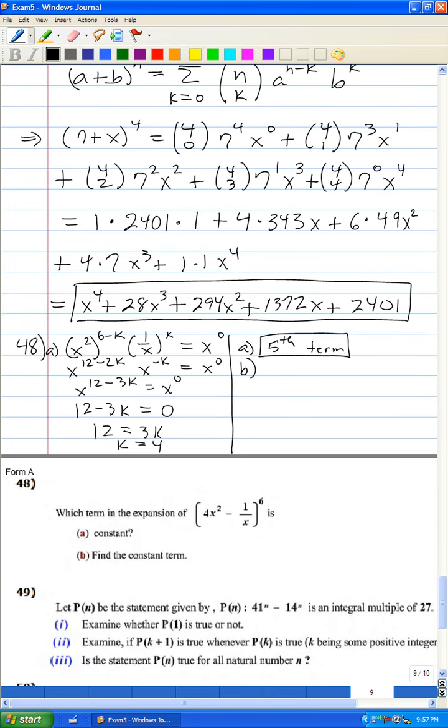So let's do that. The exponent is 6. K is 4.